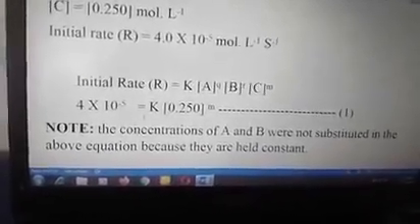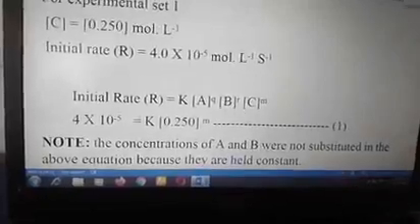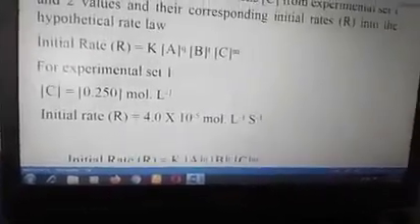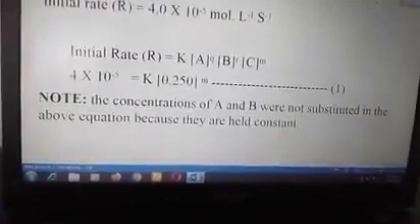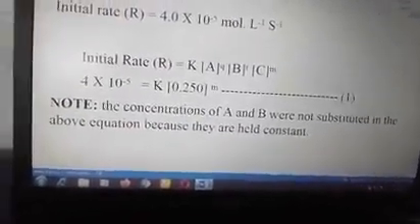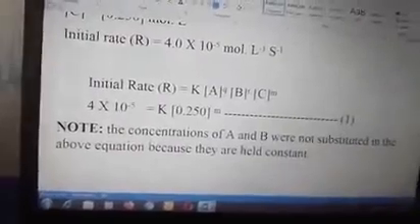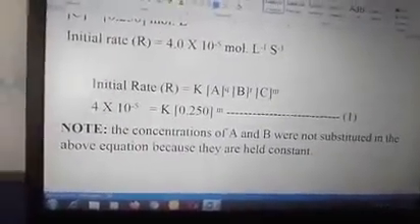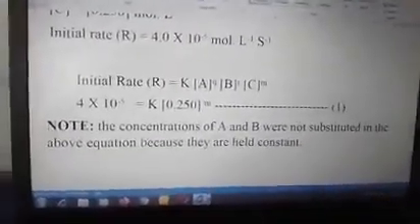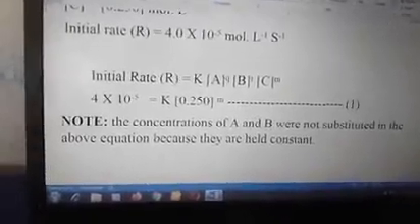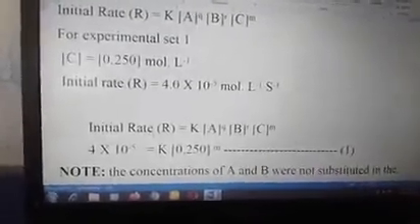So the rate in experimental set 1 is 4.0 times 10 to the power minus 5 equals K, the C concentration is 0.250.